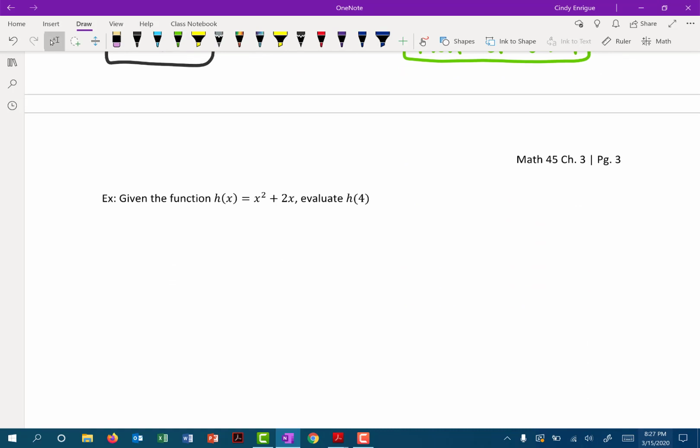Now what this is saying in particular is, hey, evaluate h of 4. So again, this is saying that x is equal to 4. So I need to find my y value. I know that I have y is equal to x squared plus 2x.